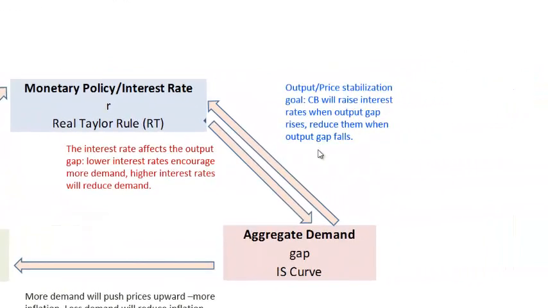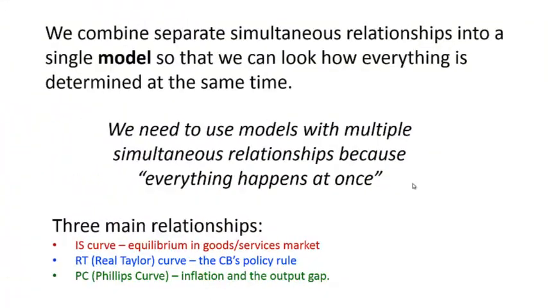In the same vein, if the output gap rises, the central bank will also be raising interest rates, once again in order to pursue its dual mandate of price and output stabilization. In the other direction, if the output gap falls, the central bank will be reducing interest rates in pursuit of its dual mandate.